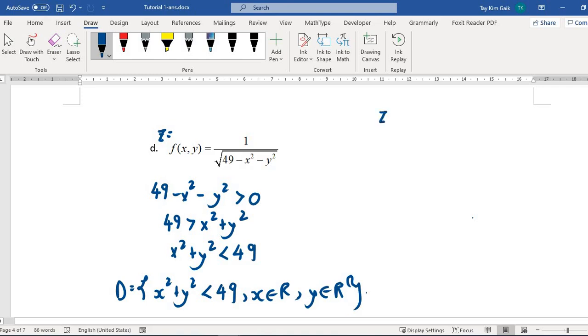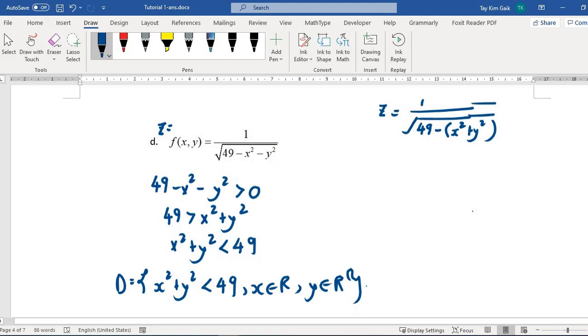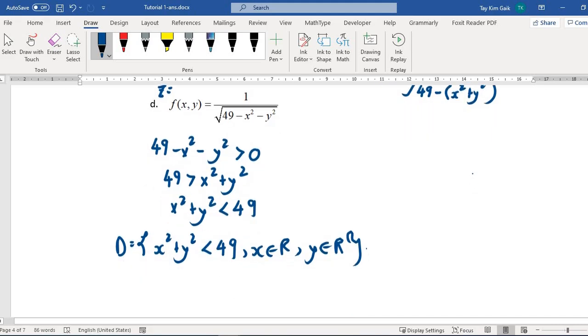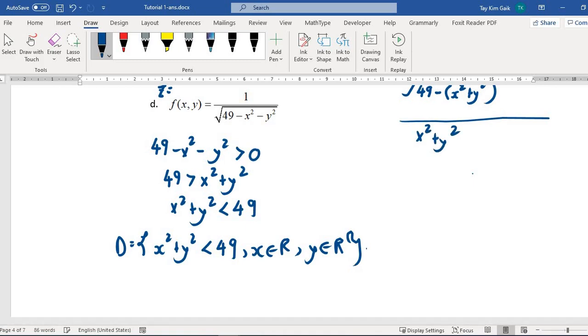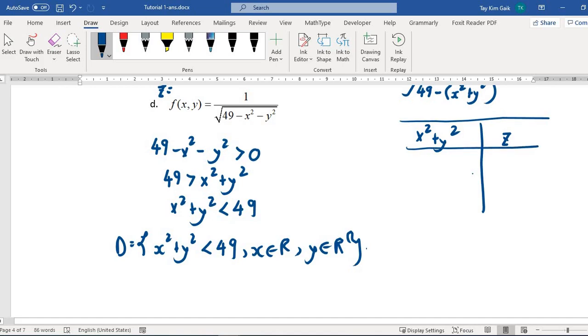Okay, the range. So z is actually 1 divided by the square root of 49 minus, factoring out the negative sign, x squared plus y squared. Okay, x squared plus y squared is always positive. The minimum is 0, and the maximum is 49. So we can work out the values for the domain x squared plus y squared, and then this is z. Okay, x squared plus y squared is less than 49. The minimum value is 0.